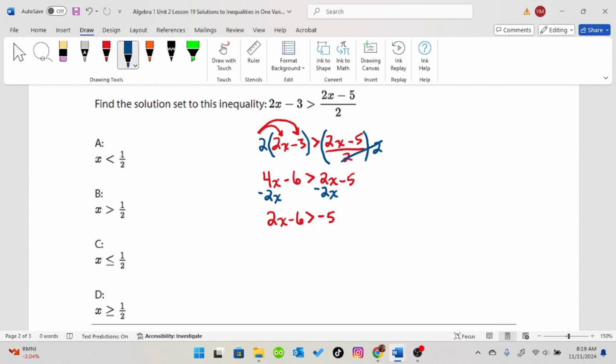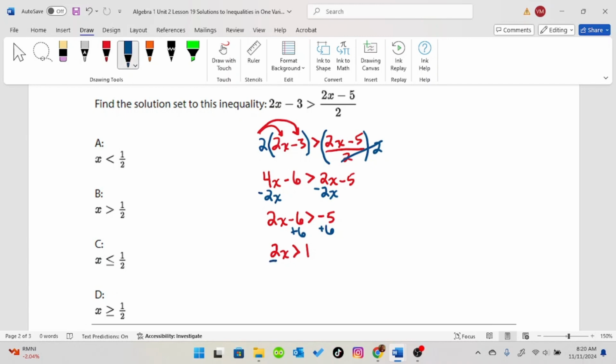Now, the opposite of minus 6 is plus 6, so I'm going to add it to both sides to keep it equal. Negative 6 plus 6 is 0, so that goes away. And negative 5 plus 6 is 1.